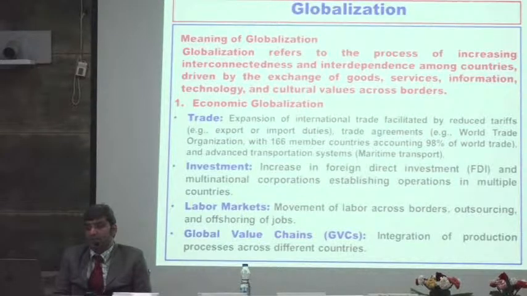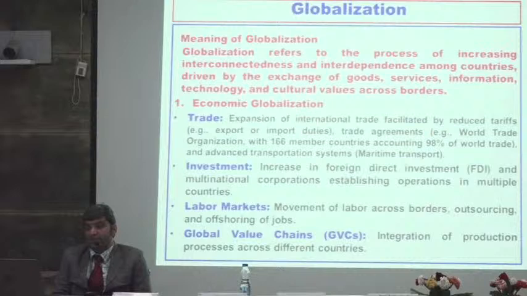One of the most suitable examples of global trade agreements is the World Trade Organization with 166 member countries, accounting for 98% of world trade. So WTO governs a large part of global business. This is an indication of increasing globalization.